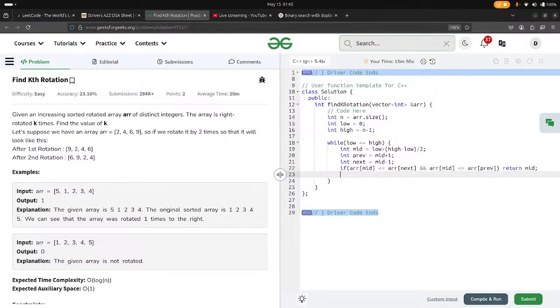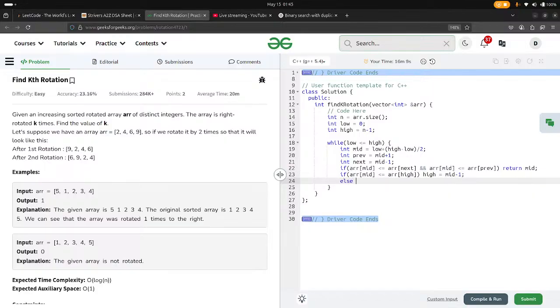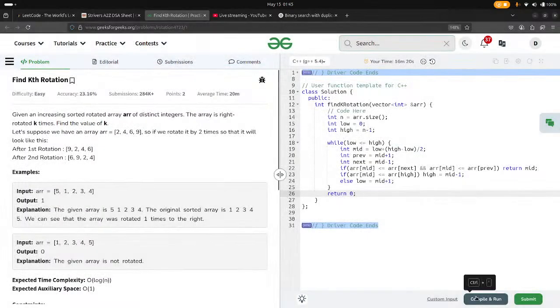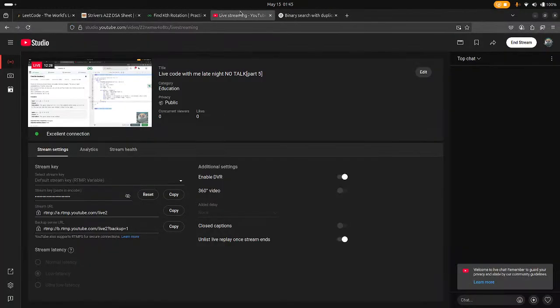Else, if array of mid is less than or equal to array of high, high equals mid minus 1, else low equals mid plus 1. Yeah, makes sense. Let me compile and run.